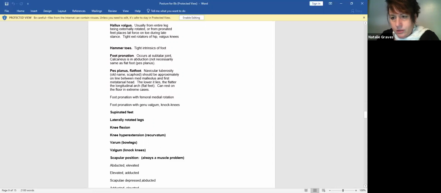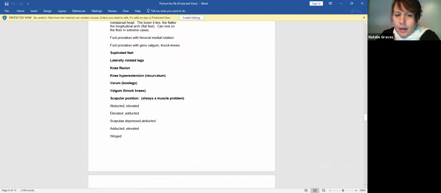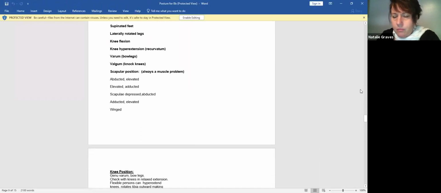That would be the squinting patella that we looked at last time. And then from the side, do they have genu recurvatum, which is excessive knee hyperextension? Do they have a little bit of flexion at the knee? You would have to note that from the lateral or the sagittal view.